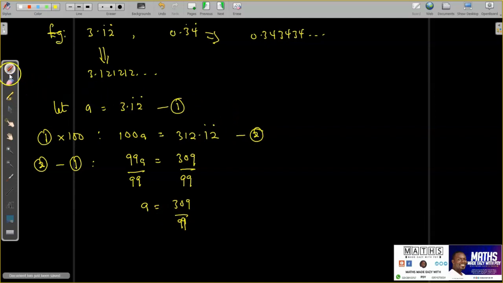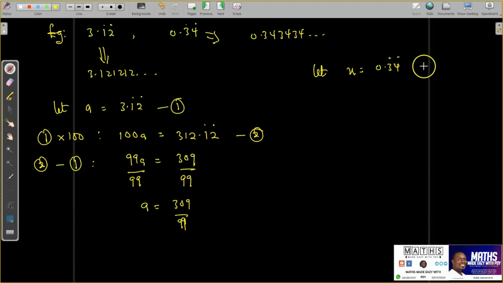Let us do the next one, just to echo whatever I've just done here. So the next one, please, are we all following? Wonderful. So we can say that let a variable x equal to the question 0.34 recurring on top of the 3 and then the 4.